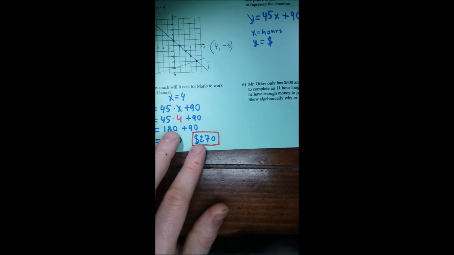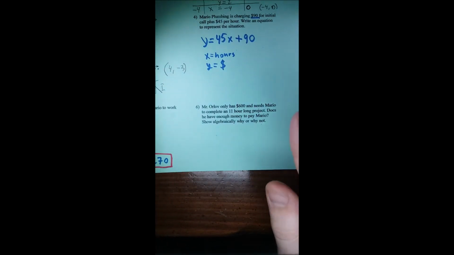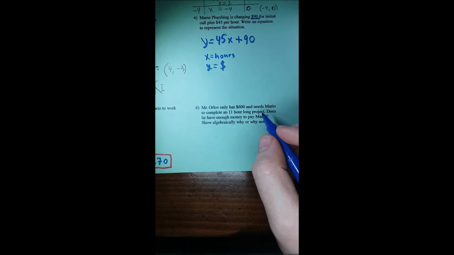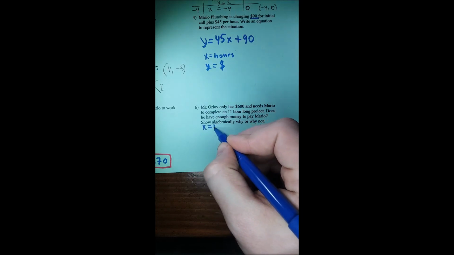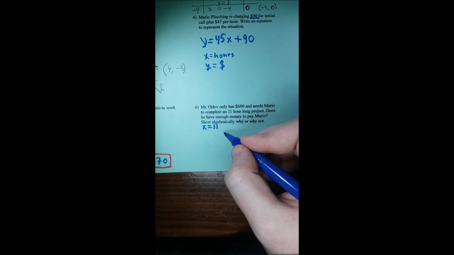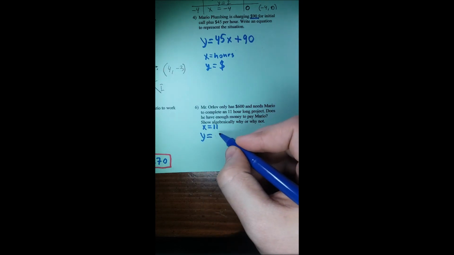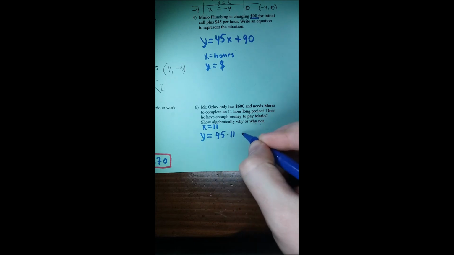Last question. Mr. Orlov has only $600 and needs Mario to complete an 11-hour job, a long project. So does he have enough money? So let's see if x equals 11. How much will that cost? So y equals 45 times 11 plus 90.